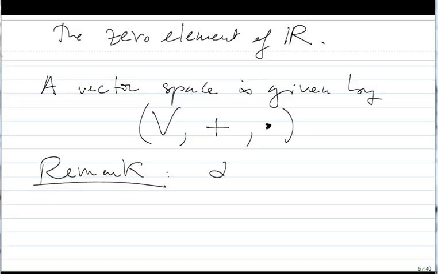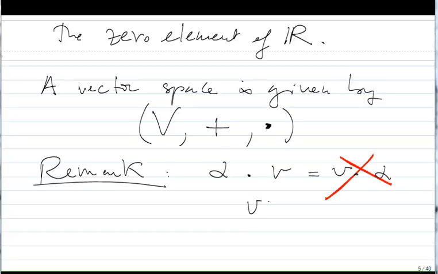Whenever you have alpha dot v, a vector, you never put the alpha to the right. We always put the scalar to the left and the vector to the right. Sometimes you will see, for example, a vector v divided by a number.